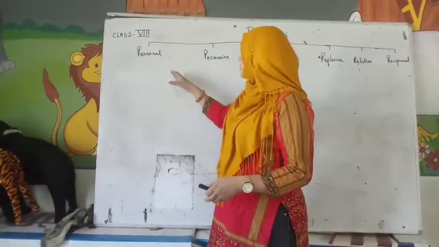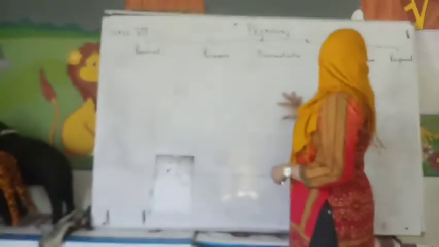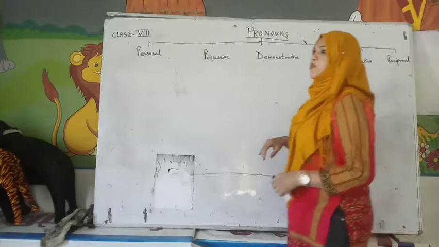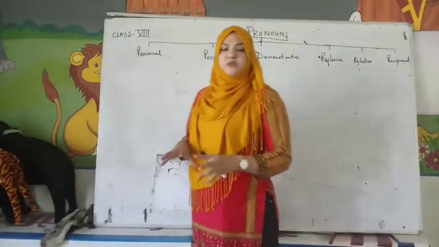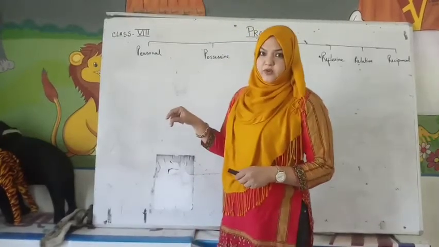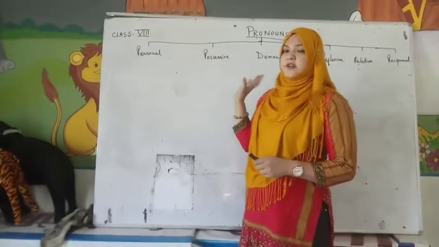So, there are personal pronouns, possessive pronouns, demonstrative pronouns, reflexive, relative, and reciprocal. Alright? I had already taken personal and possessive with you. If you remember, I had shown you on the table.